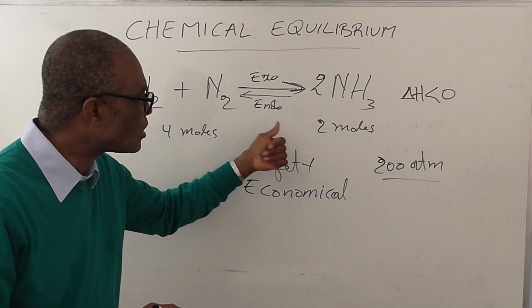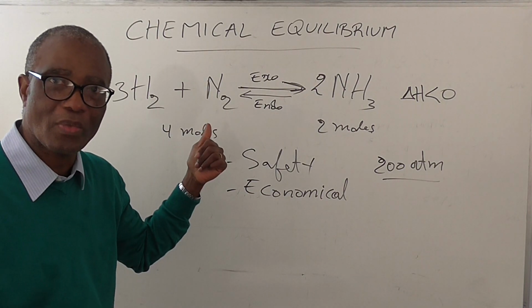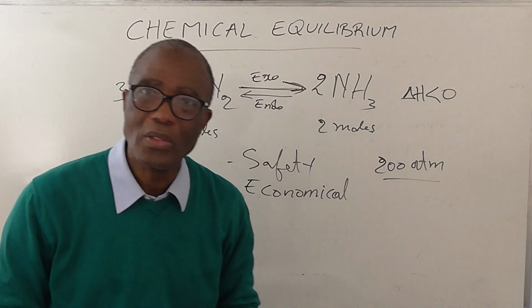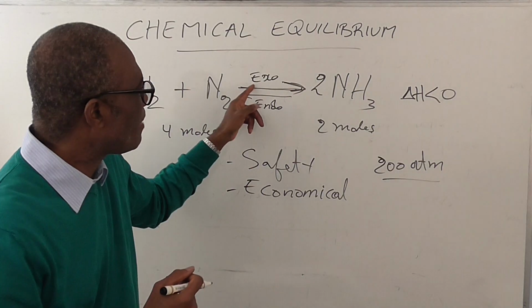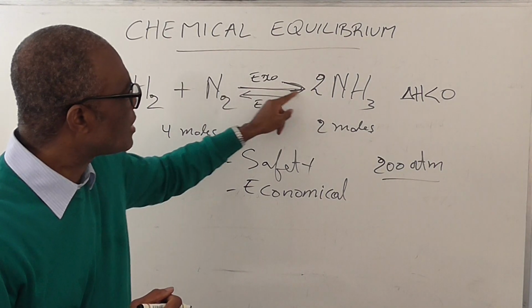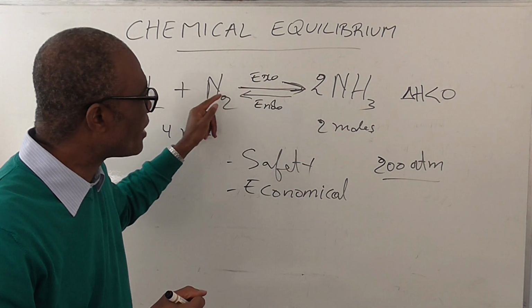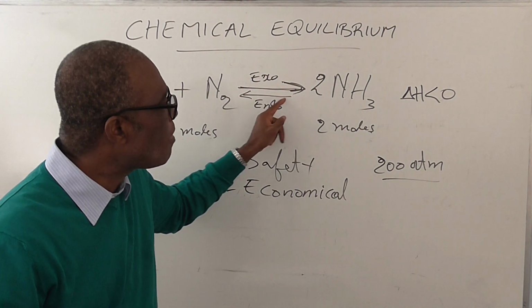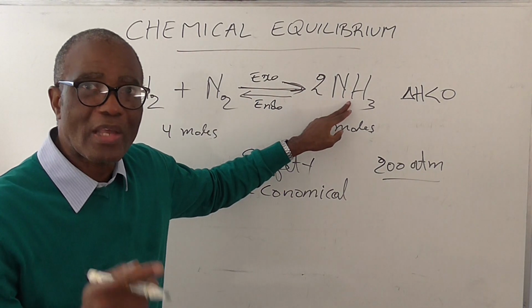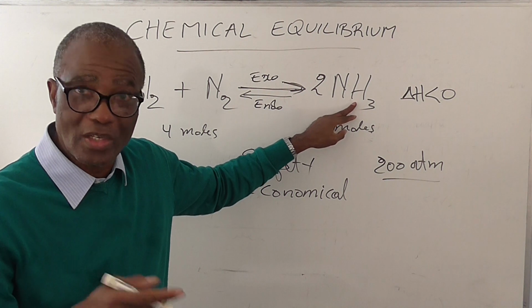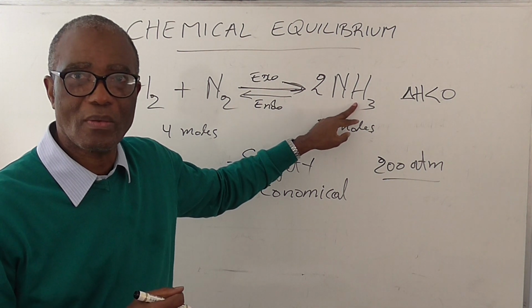Okay? The reaction will shift to the left. That's why we need to lower the temperature. Because it is exothermic, if we lower the temperature, the equilibrium will shift to the right, then we are going to produce more ammonia. We need to lower the temperature.